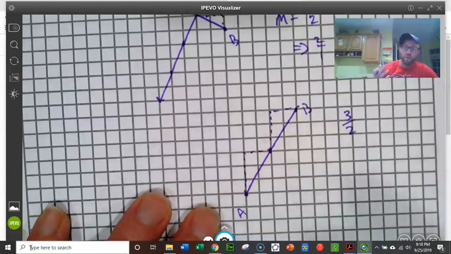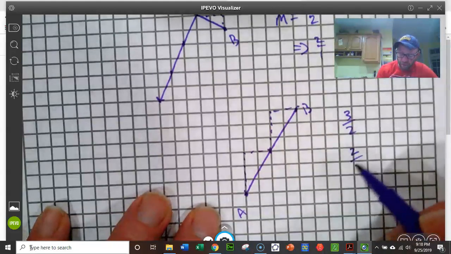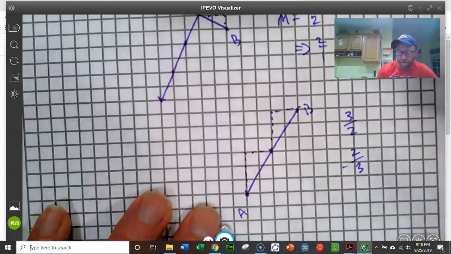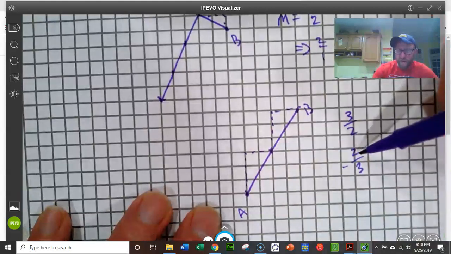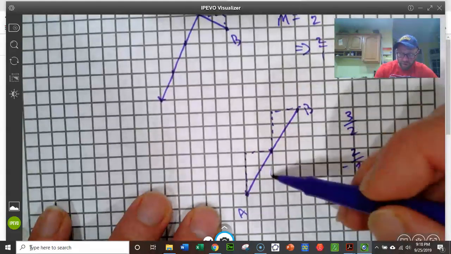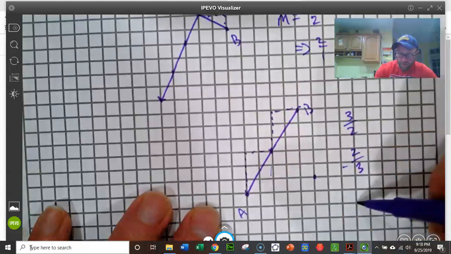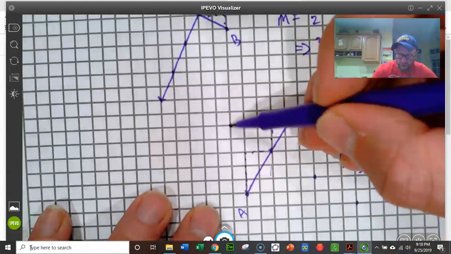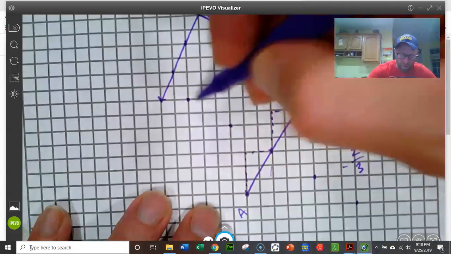So I need to switch it upside down, make it 2 over 3, and then change its sign, make it negative. So from the midpoint, I need to go down 2, forward 3, down 2, forward 3. Back 3, up 2, back 3, up 2.